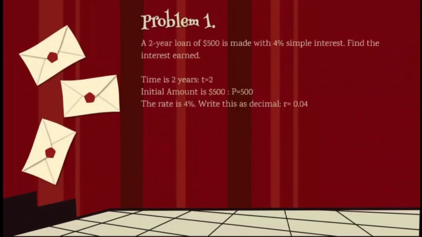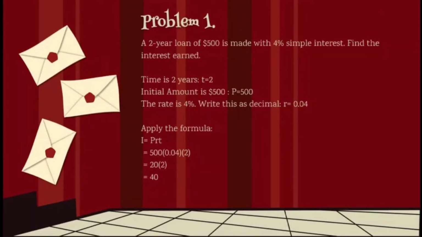Next thing to do is apply the formula, which is I is equal to PRT. Since we already know the values of P, R, and T, we simplify the given values: 500 times 0.04 times 2. First we multiply 500 by 0.04, which gives us 20.